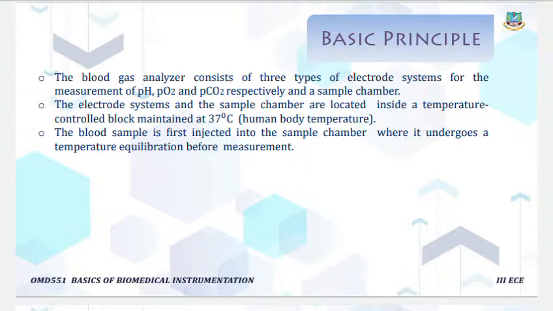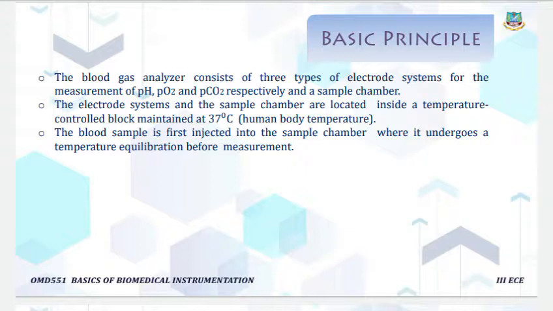For measuring all these, we need three types of electrode system and a sample chamber. The sample chamber is mainly used for placing the sample, that is blood.